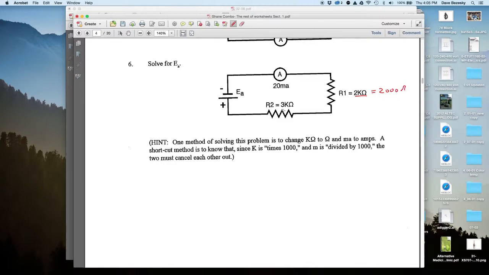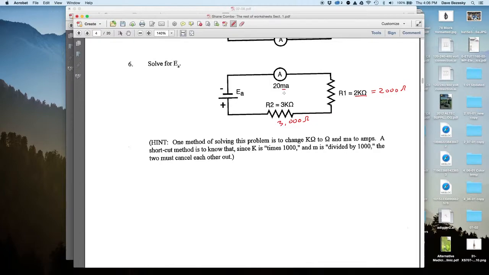Here you've got 3 kilo ohms, or 3,000 ohms. And now he says here you have a milliamp. What's a milliamp? A milliamp is a 1,000th of an amp. So that means what we have here is 20 thousandths of an amp that flows in this circuit.